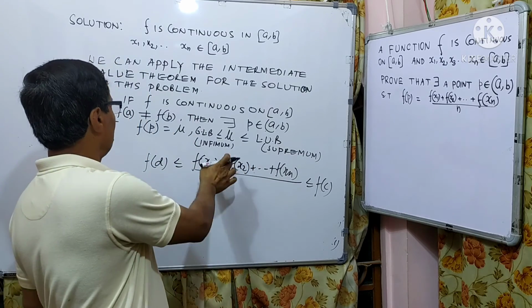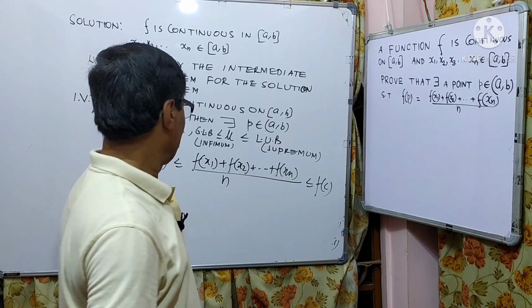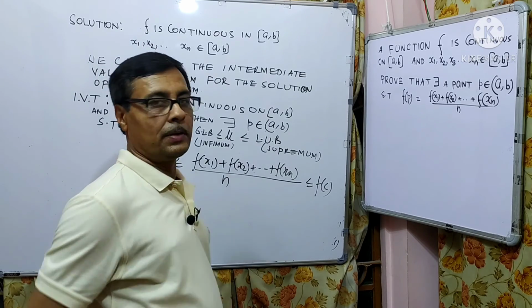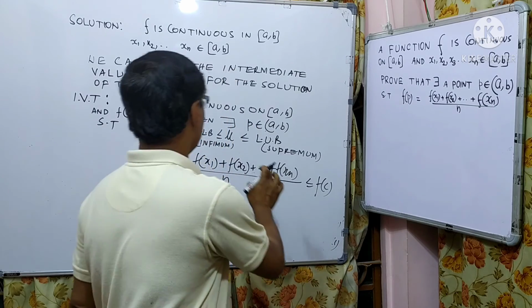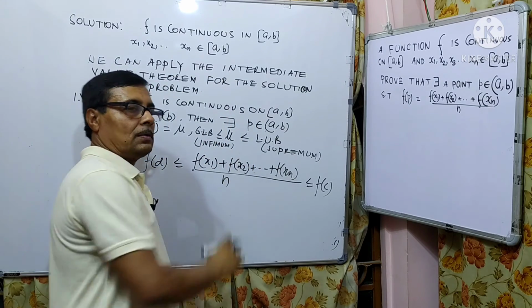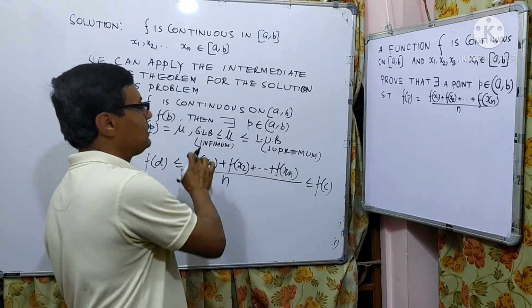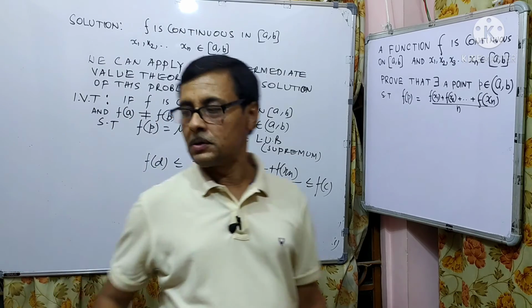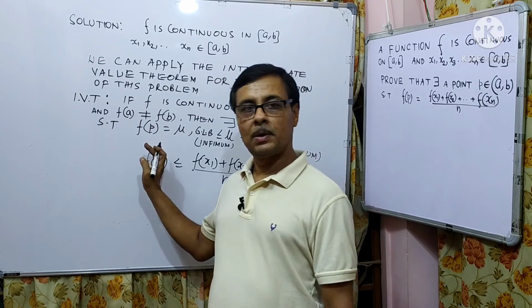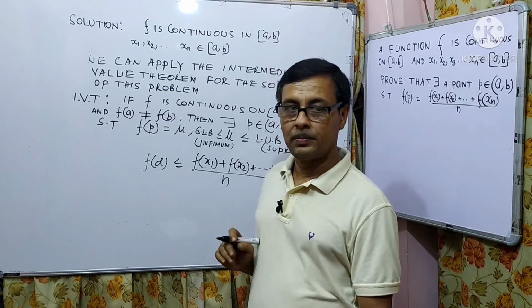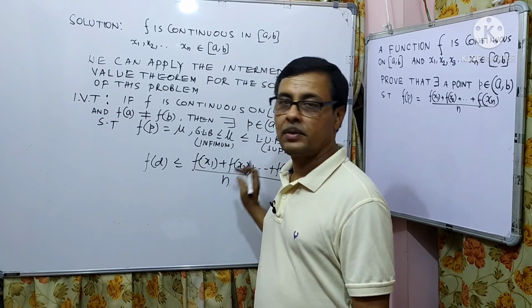This is an intermediate value in the closed interval [f(d), f(c)]. This value lies between these two bounds, f(d) and f(c). f(d) is the infimum, f(c) is the supremum, and this is an intermediate value.